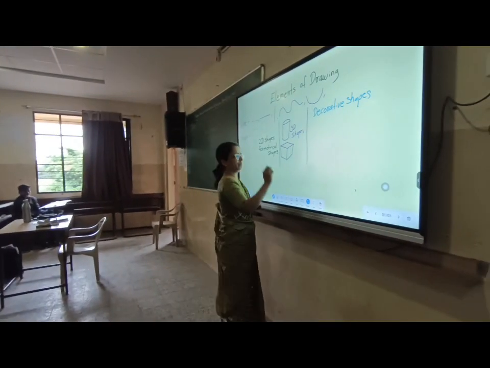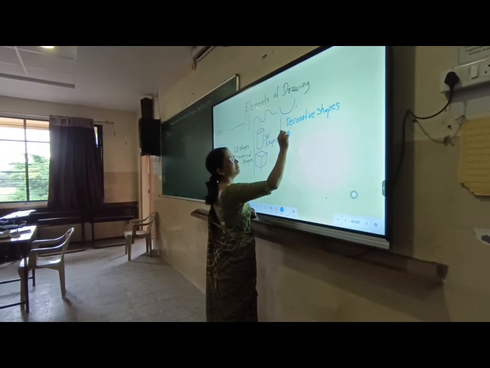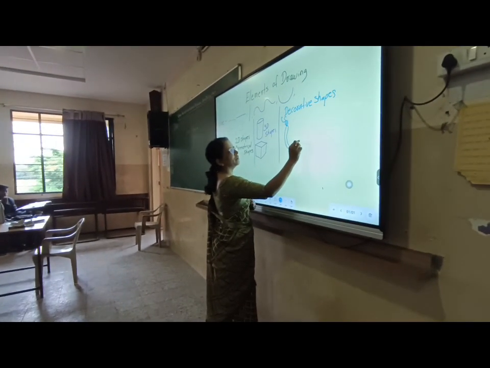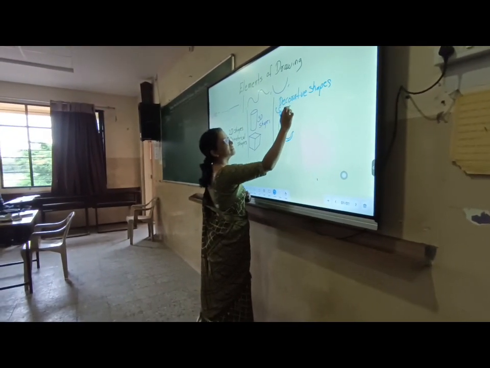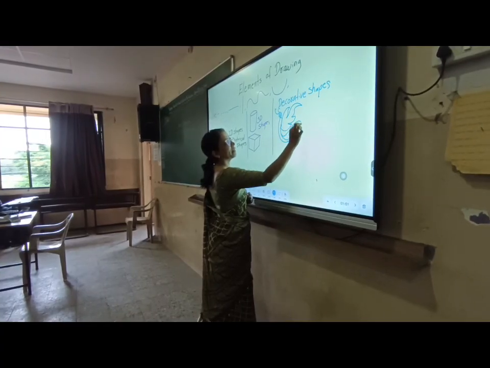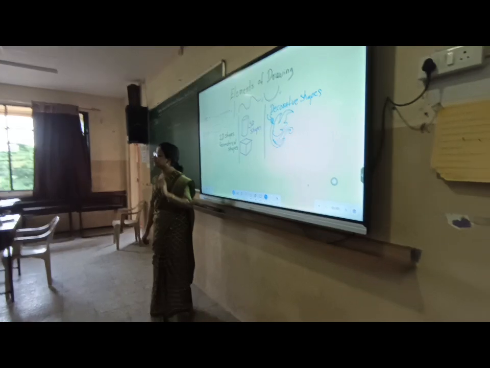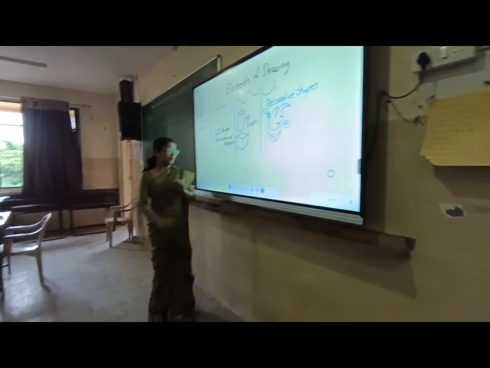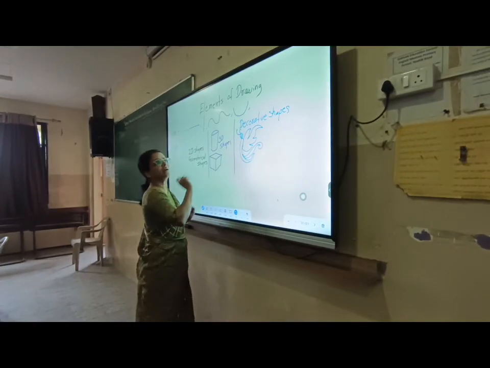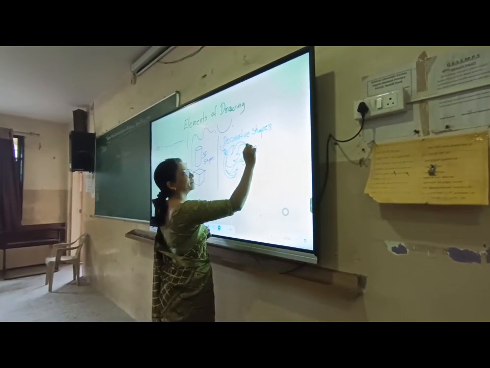Let me explain. If I am going to draw a butterfly in a decorative manner, I am going to do it like this. Very curvy forms and very decorative. This is the decorative shape of a butterfly. Now I am going to show you the geometrical form of the butterfly.